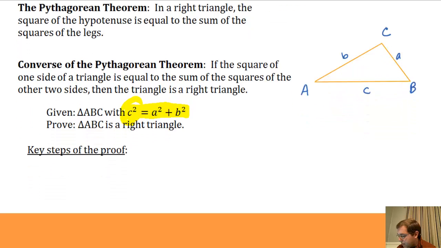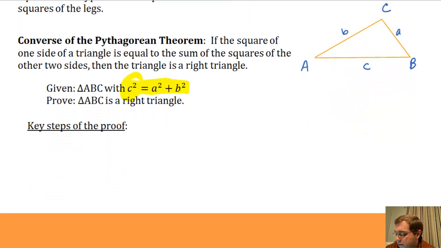Instead of writing out a detailed proof, I'm just going to write down the key steps of the proof. First, we're going to draw another triangle. We're going to draw one that we know is a right triangle.